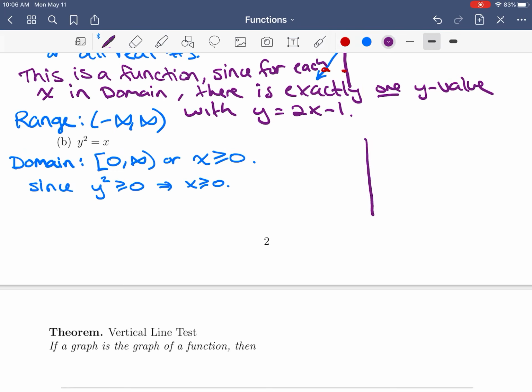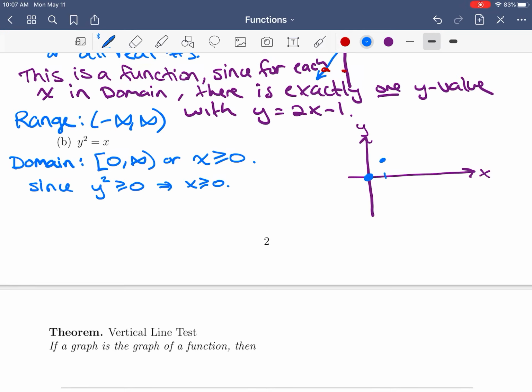And this graph is a little less obvious, maybe. So when x is 0, y is going to be 0. So we're going to get a spot here. Now, it's actually easier to go from the y's. So when y is 1, 1 squared is 1, so x is also 1. So I'm going to have a point at 1, 1.